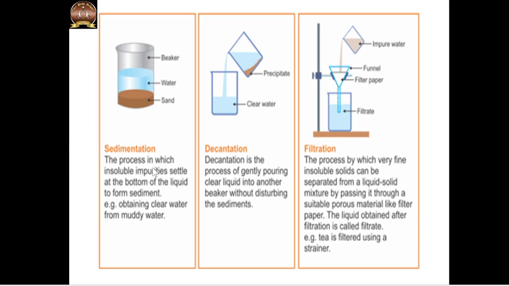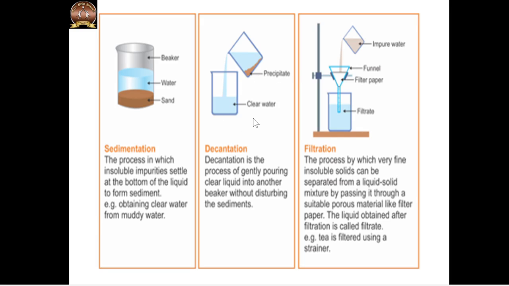In the process of sedimentation, the mixture is allowed to stand so that the heavier particles of the mixture, the insoluble solid, settle at the bottom to form the sediment. So you can obtain clear water from muddy water. Then, by the process of decantation, the clear water can be gently poured out into another beaker without disturbing the sediment.